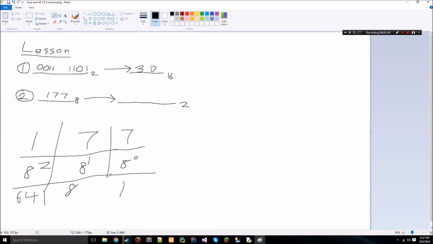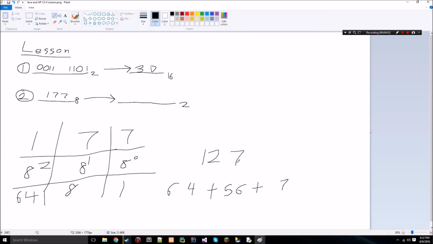So those are place value terms. So 64 times 1 is 64, plus 7 times 8, that is 56, plus 7 times 1, which is 7. So we go ahead and add those. That gives us 110, 120, 127.